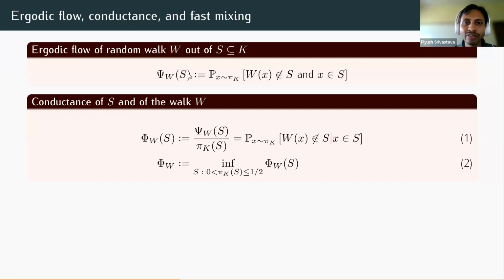This ergodic flow is the probability that the point I initially sample lands in S, and the point that I sample next lands outside S. So it's like sampling an edge that is crossing S. The walk is also random, so this is also a random variable.